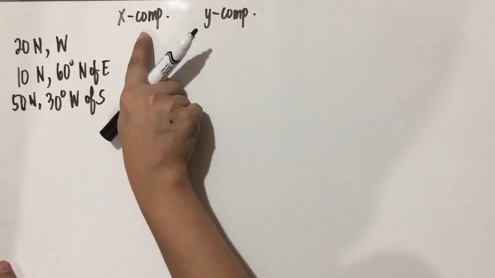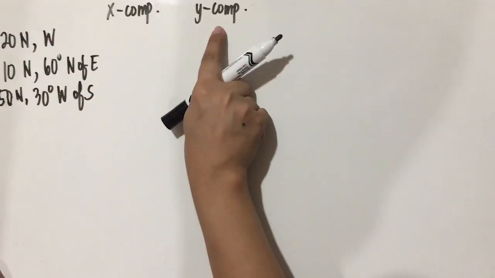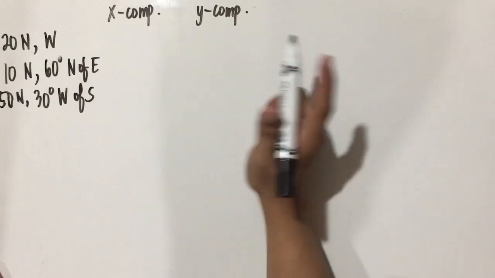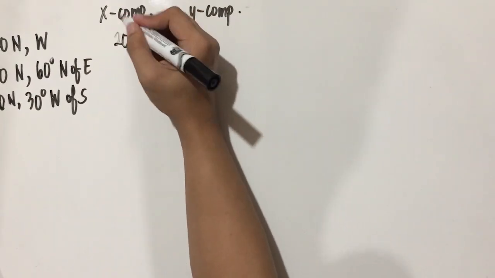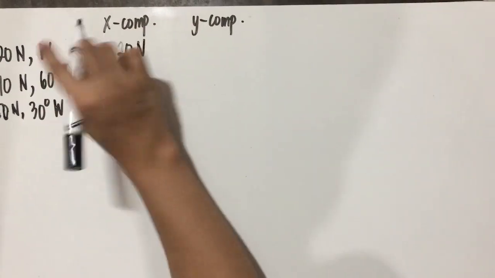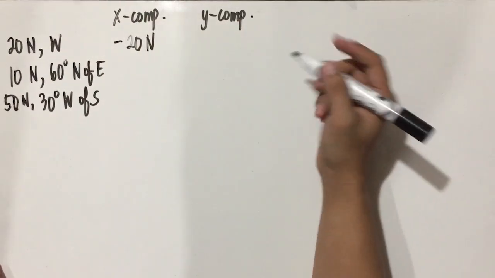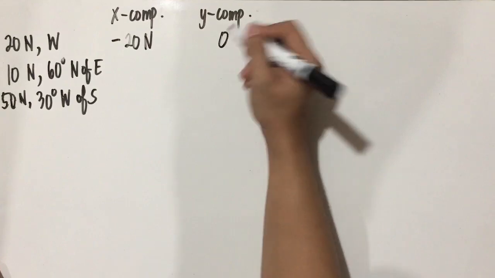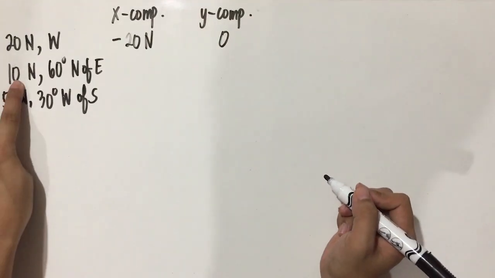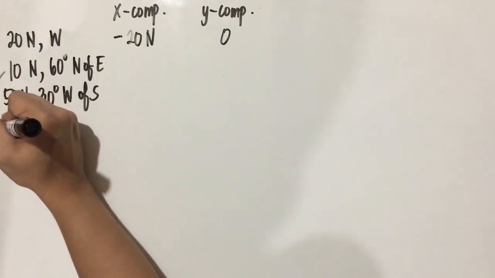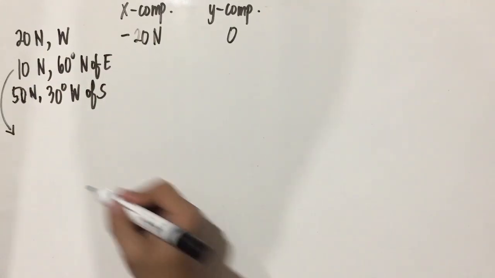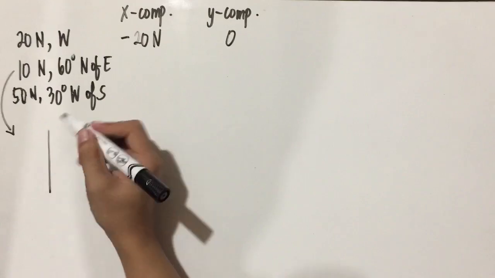Now let's have number 3. So we have to make a table again and look for the value of the x component and the y component. So we have 20 newtons west, so that is automatically found on the x component. West is negative, so we have to be mindful about our sign. So there is no value for the y component. So 10 newtons, 60 degrees north of east, so we have to identify the components for x and y.